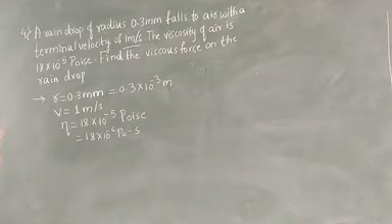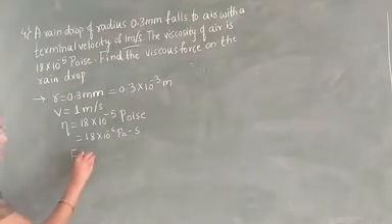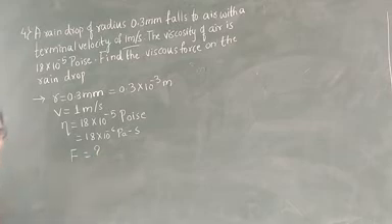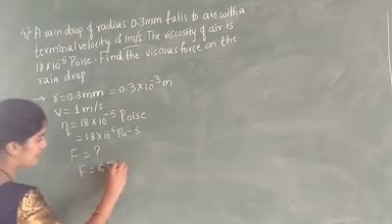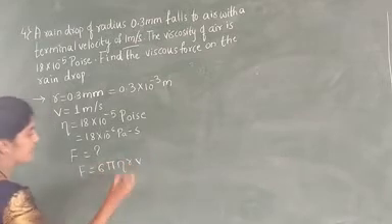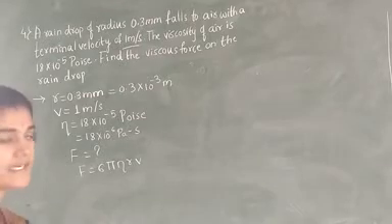Next, here we have to find the viscous force on the raindrop, F is equal to question mark. The formula for the viscous force we are considering is F is equal to 6 pi eta R V.